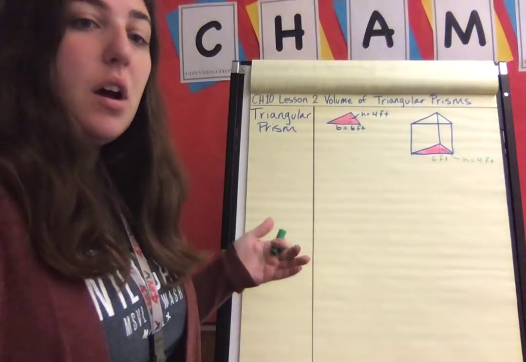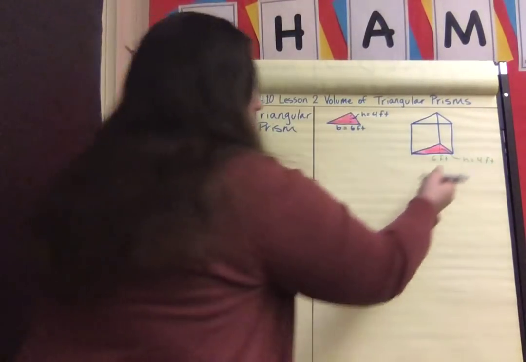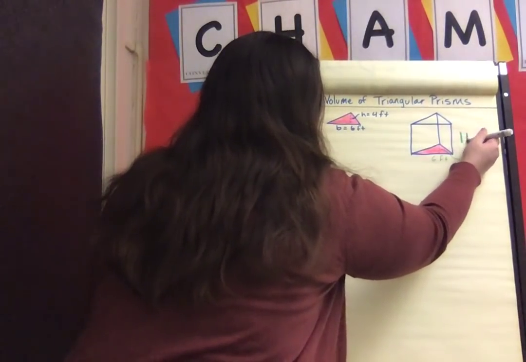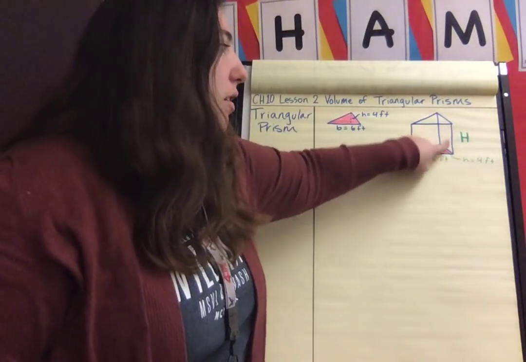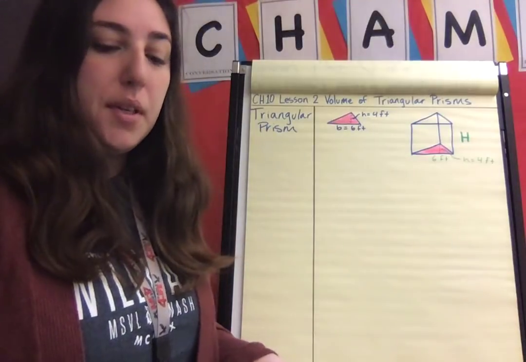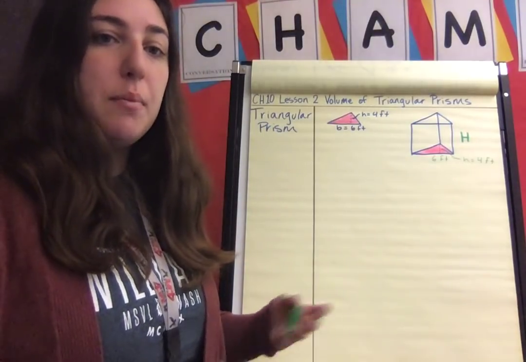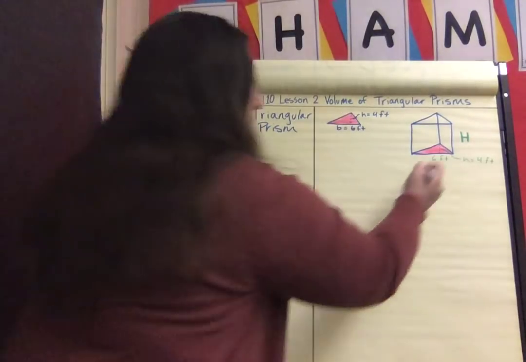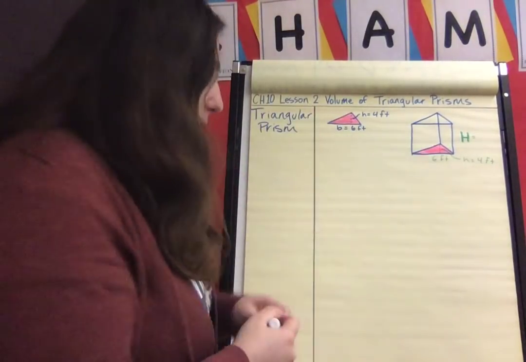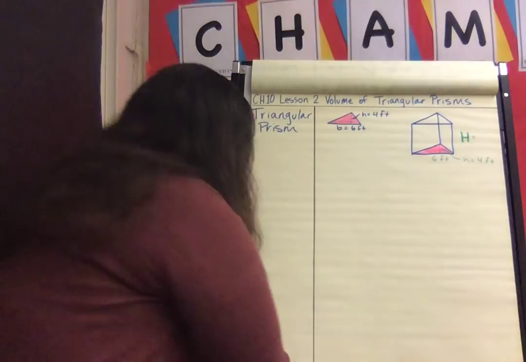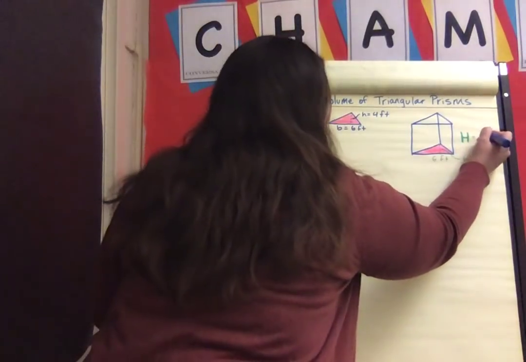What I need to know is going to be the height of this triangular prism, this right here. So that's also what we're going to be seeing in our volume formula. And for the purposes of this example, we know what the height of that is. It is 8 feet.